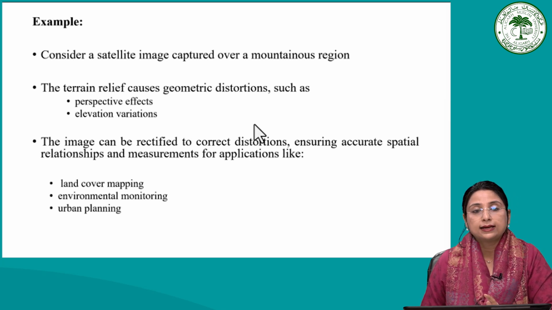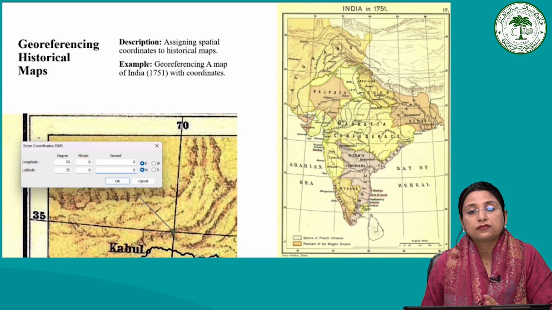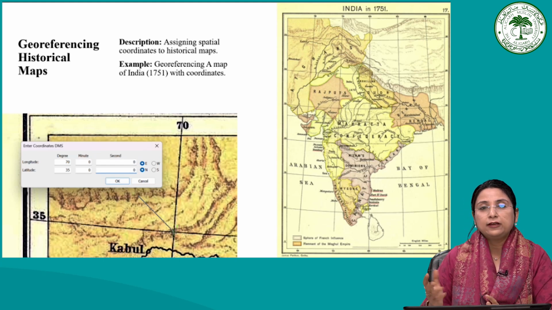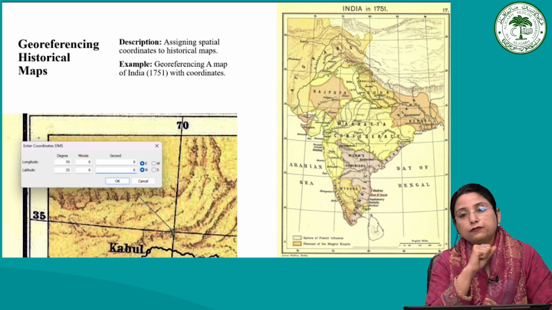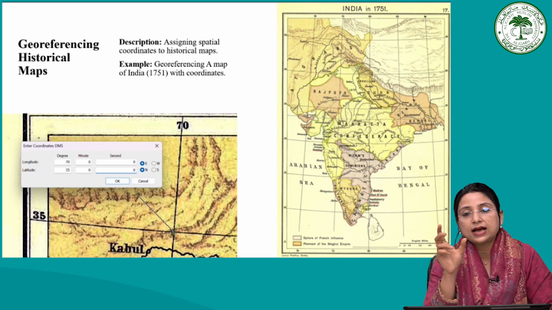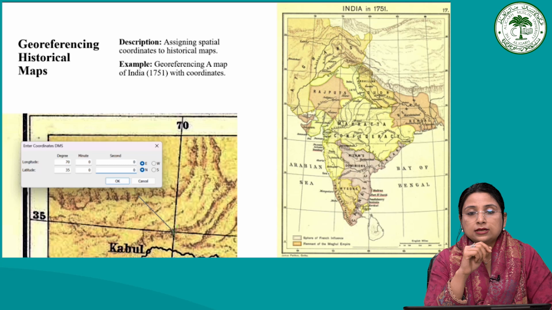Now coming to another example, that is georeferencing historical maps. Historical maps are mainly those obtained or drawn before the widespread use of standardized coordinate systems and map projections, so they lacked precise reference information.